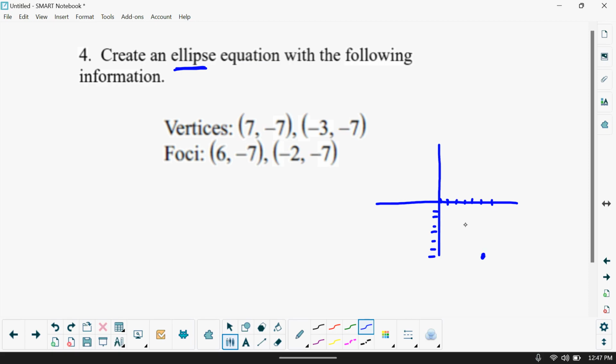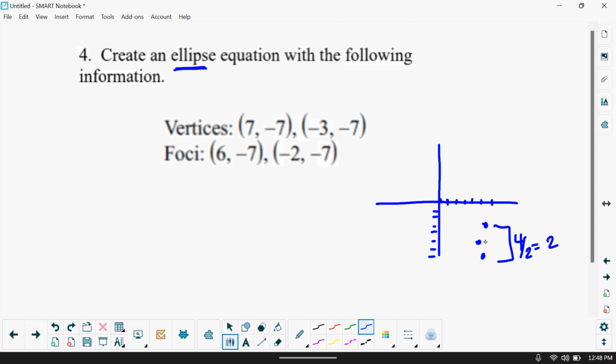And then negative 3, 7. Okay, I'm definitely off here. The distance from here to here should be 4. So from here to here is 4, divided by 2, and that's 2. 1, 2. Oh, this is really bad.